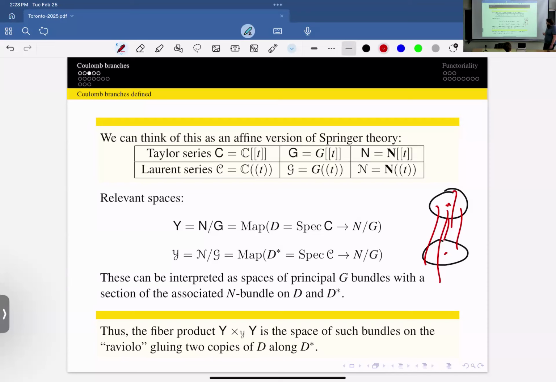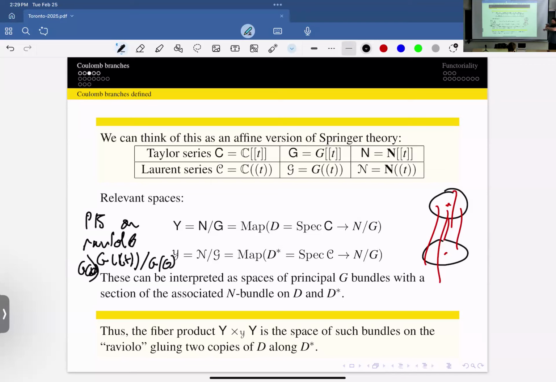But a good exercise to do when you want to think about this is to look at principal bundles on the raviolo. What I get is G((t)) mod, well, let me just write G[[t]], mod G[[t]] on both sides.